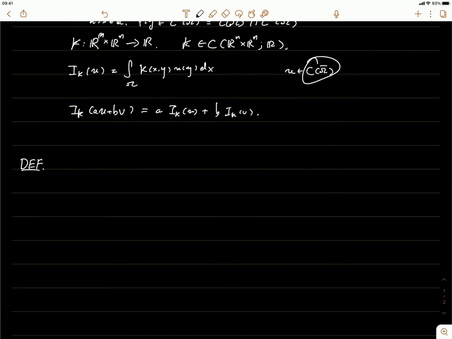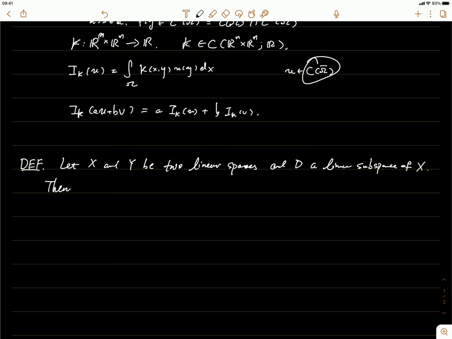We have two linear spaces, X and Y, and D a linear subspace of X. You can just consider X as the domain, but let's be more specific.